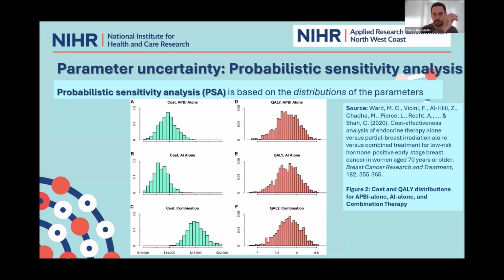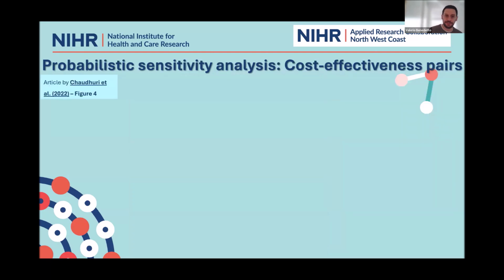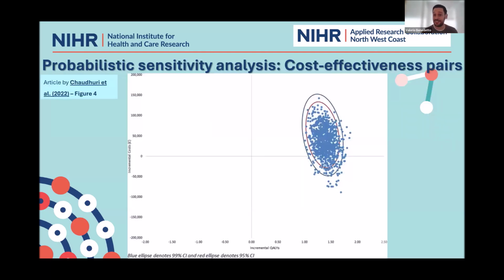So, for example, you draw a random value for cost and a random value for qualis for intervention A, a random value for cost and a random value for qualis for intervention B, and then you calculate an ICER. And then the same for the second draw, the third draw, and so on. You repeat it so many times that you get a lot of combinations of cost and qualis, or life years, for example.